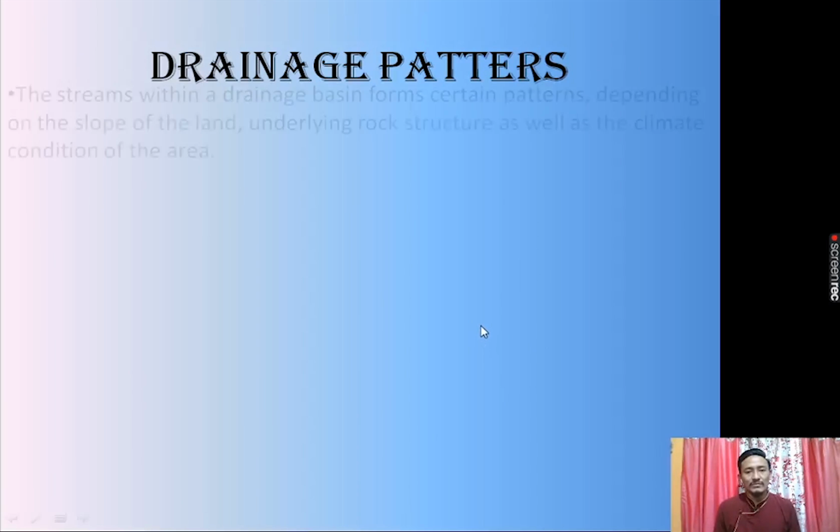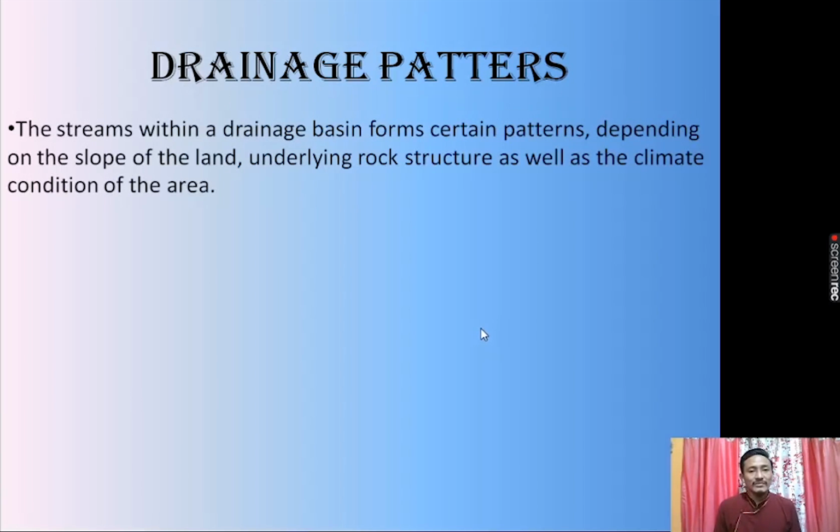So what are those? First we need to understand that the streams within a drainage basin form certain patterns depending on the slope of land, underlying rock structure, as well as the climate condition of an area.